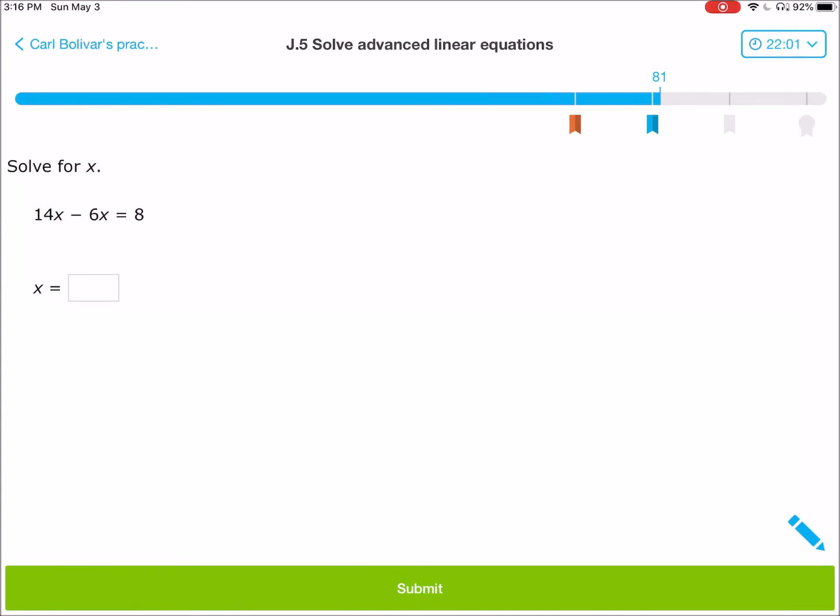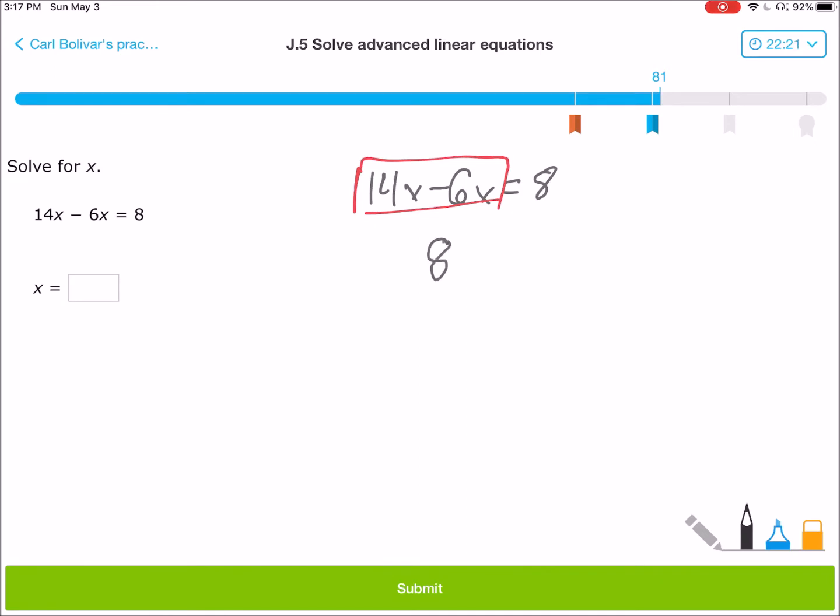Alright, now we have this one. 14x minus 6x is equal to 8. Now let's simplify these two terms. 14x minus 6x, it's like 14 minus 6, is 8x. 8x is equal to 8.